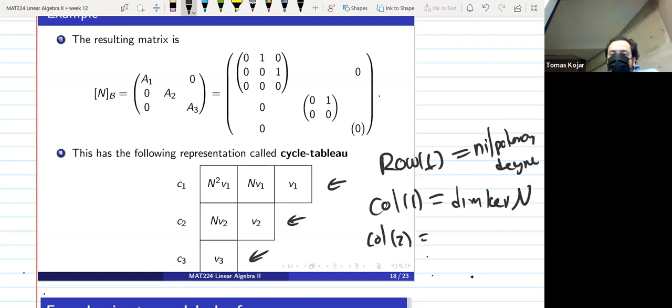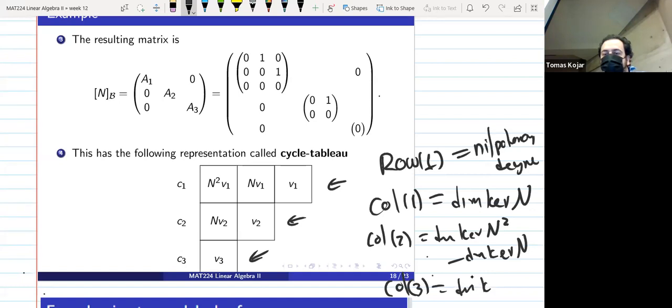Column two is the dimension of the kernel of N squared minus the dimension of the kernel of N. And then column three is the dimension of the kernel of N cubed minus the dimension of the kernel of N squared.